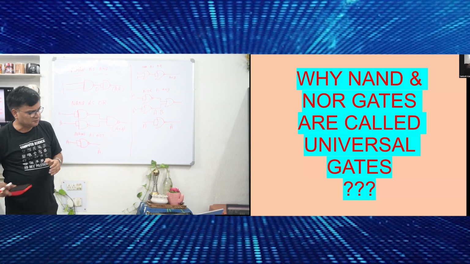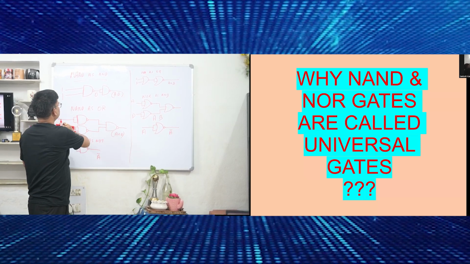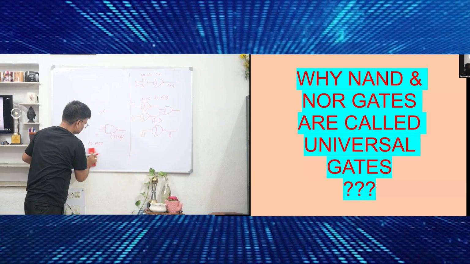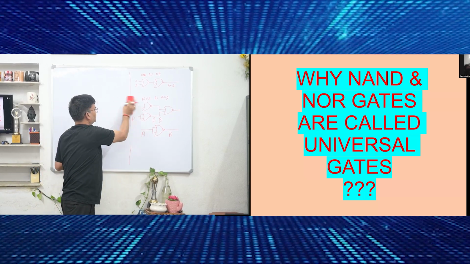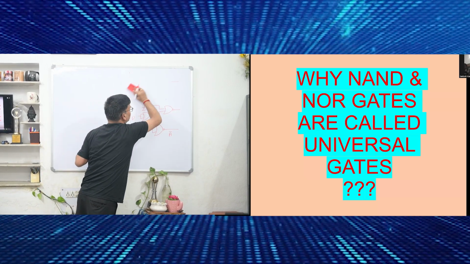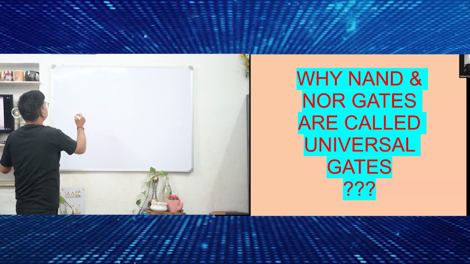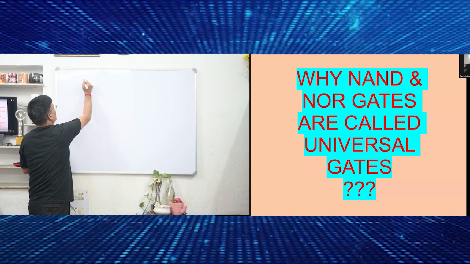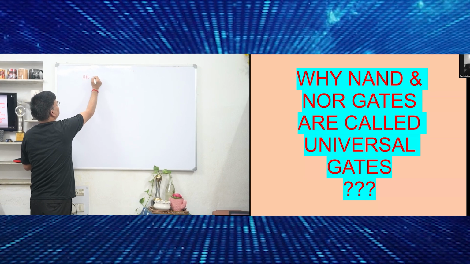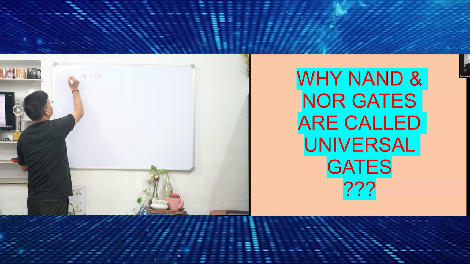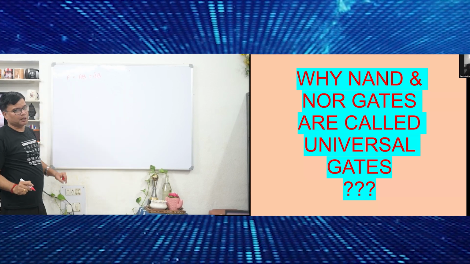For example, if I say that I have to make a logic circuit for a Boolean expression. I have two inputs A and B, and I want F is equal to AB plus A bar B.